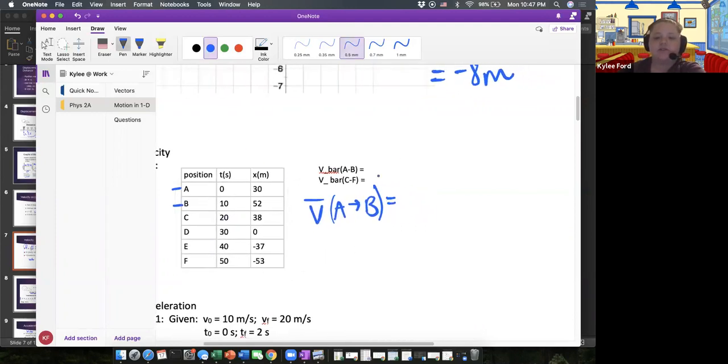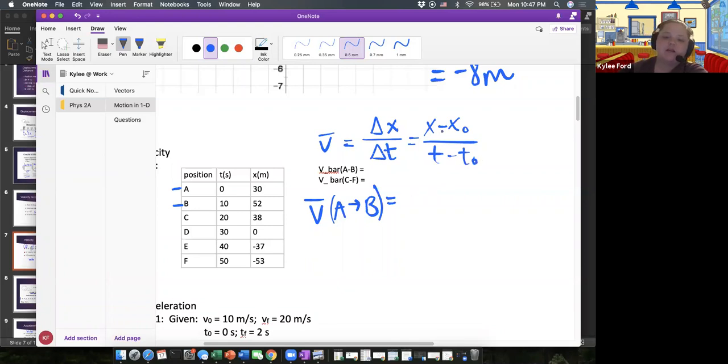So we first need to remember our equation. Our velocity is going to be some change in x over some change in time. So I want to look for my final and my initial position and my change in time. My final position was 52 meters.